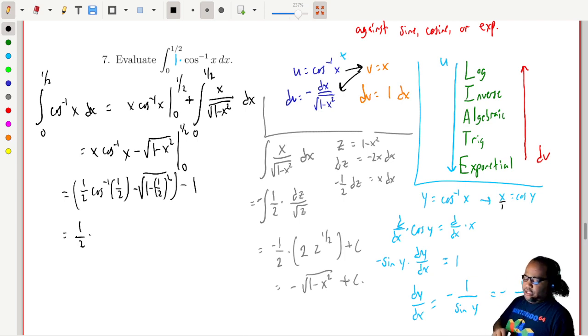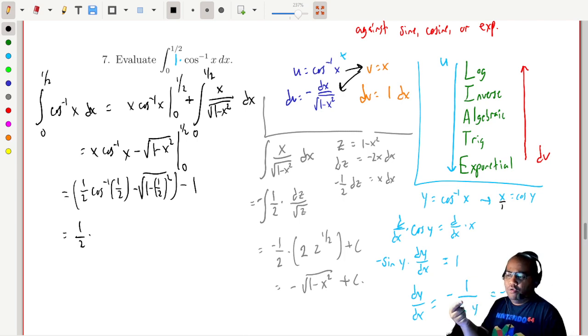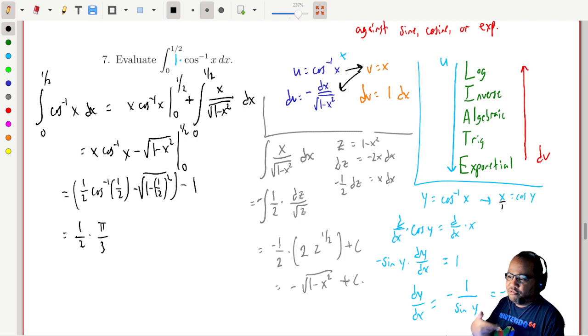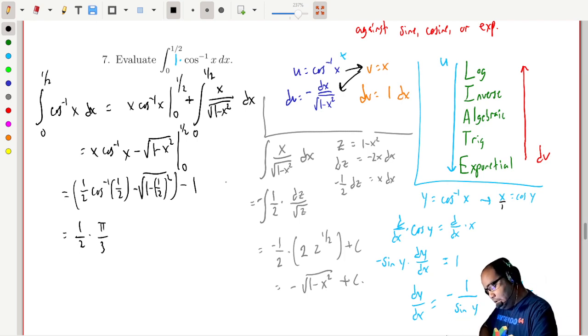But what's the arc cosine of 1/2? Remember, that's the angle whose cosine is 1/2. So think back to your unit circle, have it handy if you need to. The angle that we're looking for is pi over 3. Check that. Cosine of pi over 3 is indeed 1/2. And then minus square root of 1 minus a fourth.